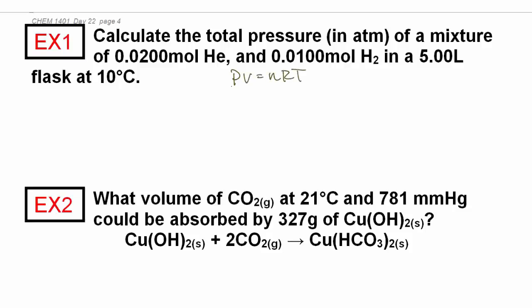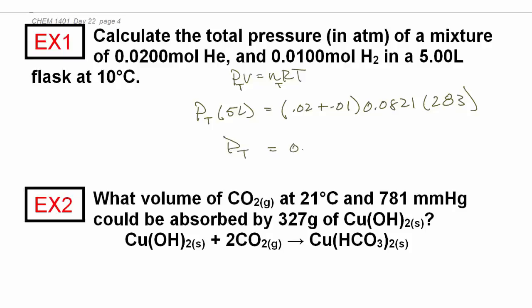We're interested in total pressure, so I put subscripts, my total pressure times the volume, 5 liters, has to equal the total number of moles, 0.02 plus 0.01, R, 0.0821, and T, 283 Kelvin. About 0.139 atmospheres would be the total pressure.